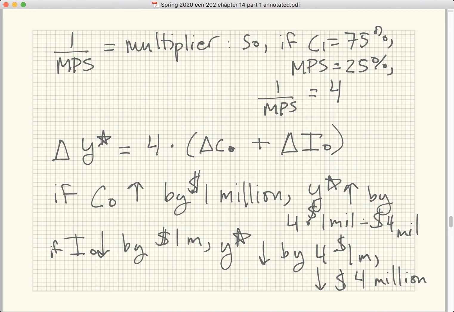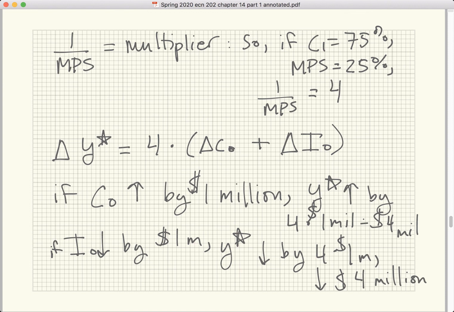So if the marginal propensity to consume is 75%, then the marginal propensity to save is 25%. 1 over the marginal propensity to save is equal to 4. So what that effectively means is that any change in autonomous spending, whether that's C0 or I0, is going to have 4 times the effect on overall GDP.